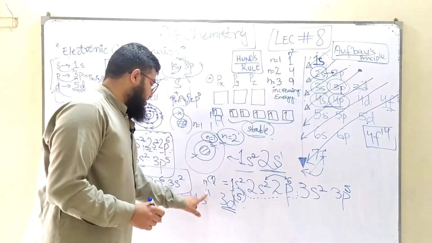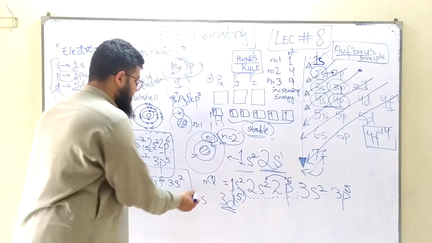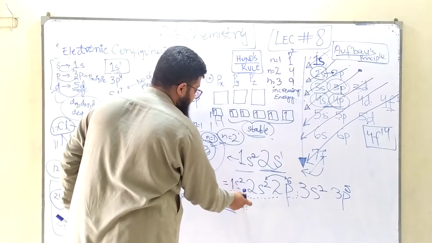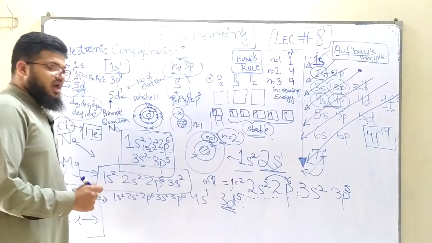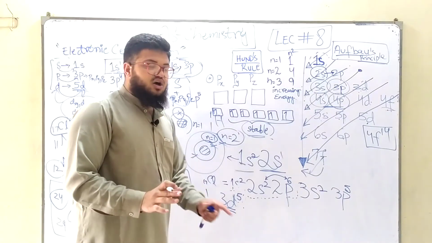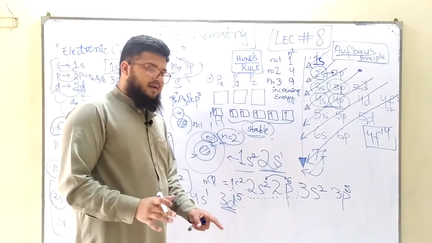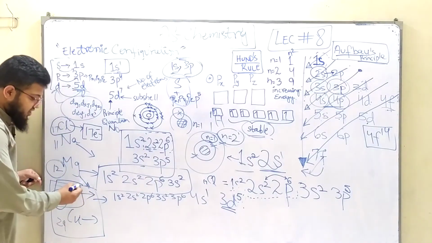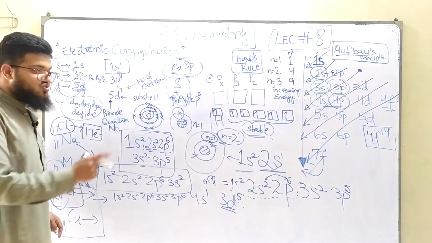So this electron is excited to the d orbital. So 4s1 and 3d5 is the electronic configuration of chromium, instead of the expected 4s2 and 3d4. But this is not the only exception. Chromium is one exception, and we also have a second exception to the Aufbau principle.